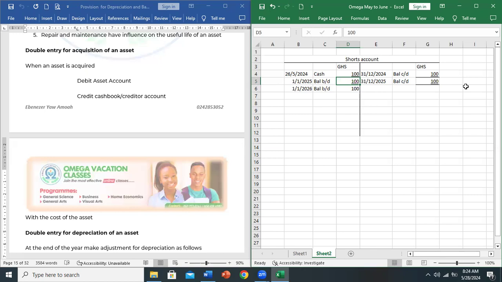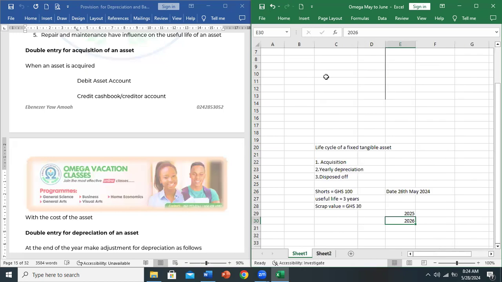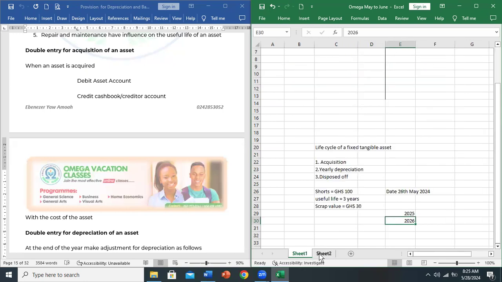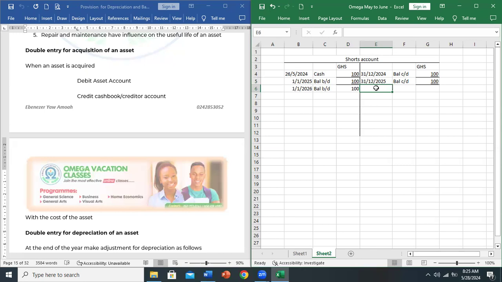You do the removal by crediting the asset account with the cost of the asset. Why are we doing that? We are doing that because at the time that we bought the asset, when we acquired the shorts, we debited the asset account. So if you are selling it, if you are disposing it off, it only makes sense to credit the account, because the essence is that you want to cancel the debit you made because the asset is no more.